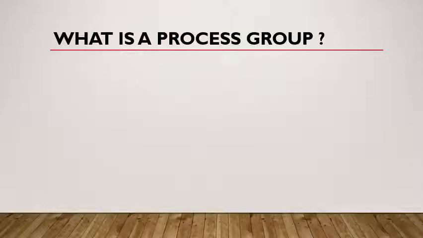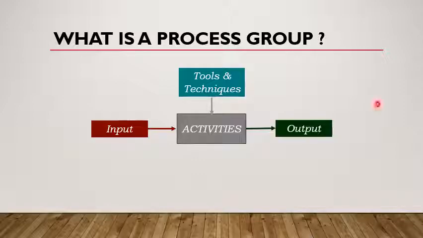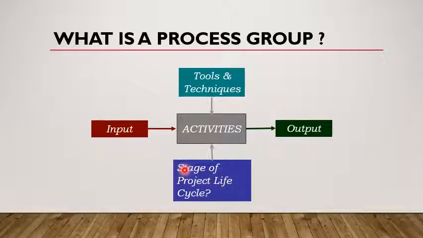What is a process group? This is the framework for the process. There are 49 processes in project management practice, and these 49 processes are applied at different stages of the project life cycle.